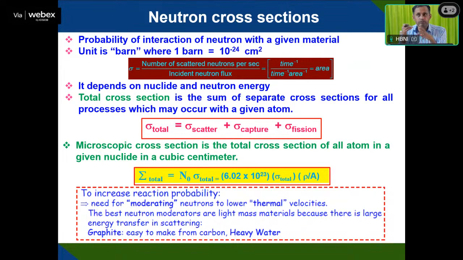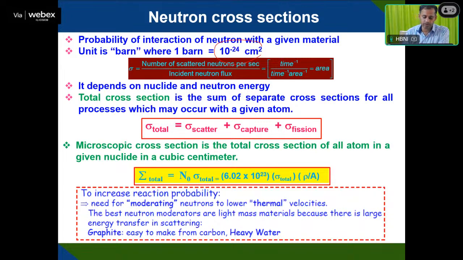The unit is the barn, that is 10 to the minus 24 square centimeter. Sigma, the neutron cross section, is the number of scattered nuclei per second by the incident flux. It depends upon how much the neutron scatters for the total neutron flux you are applying. So it depends upon the nuclide as well as the neutron energy.